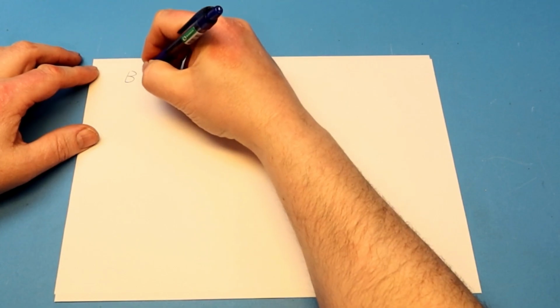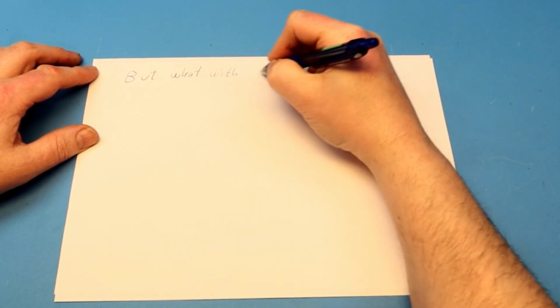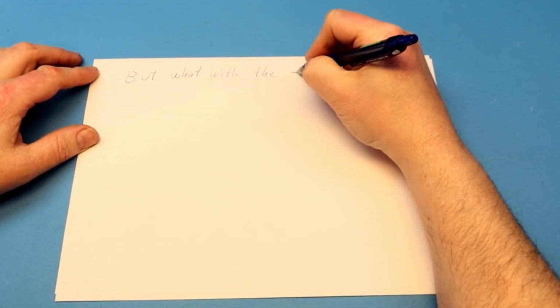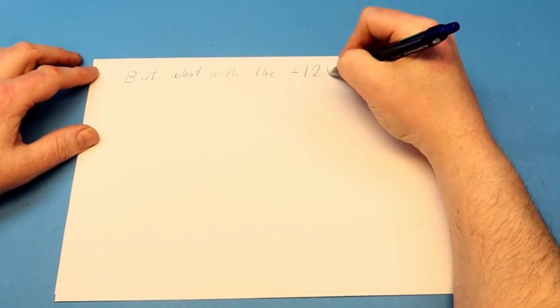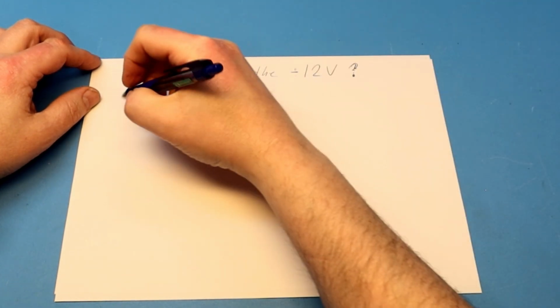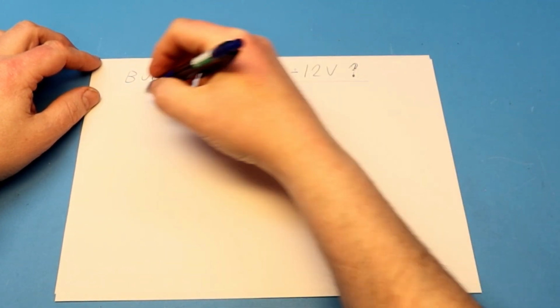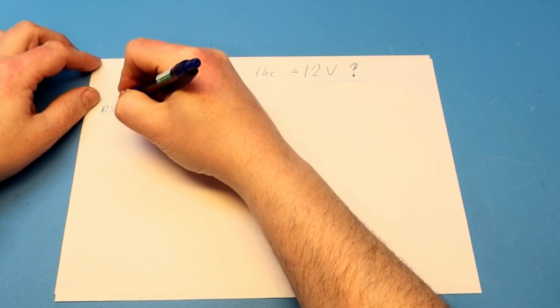The -12 volt rail is still with us today, and the main reason is that it's heavily tied to RS-232 or V24 or other communication standards that need a symmetrical signal.